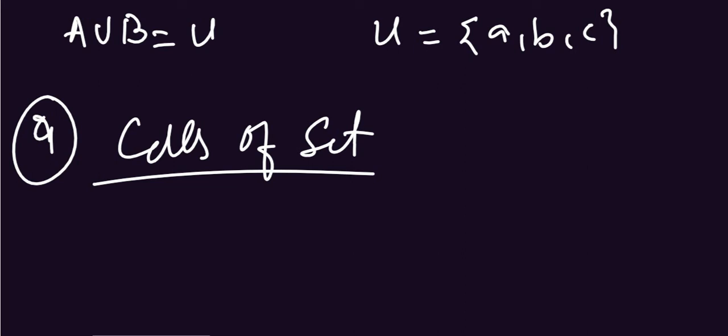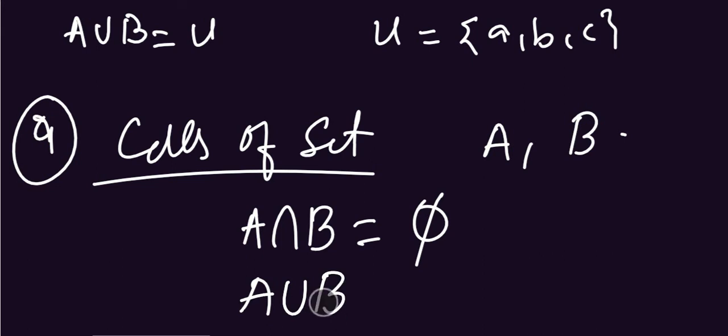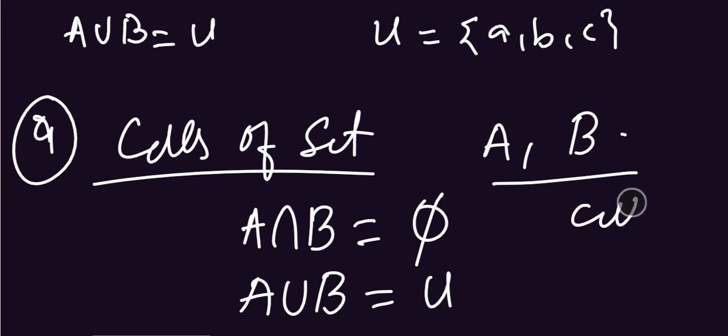It means there are two sets A and B. If we operate intersection on A and B and they give the null set, and on the same sets we operate union and they give the universal set, then A and B are called complementary sets.